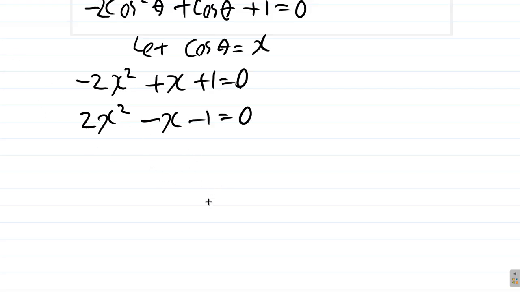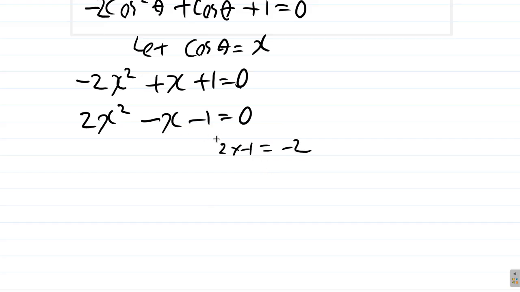so here, how could you work this out now? You could use factorization or trifactorization. Could it be factorized? 2 times negative 1 is negative 2.